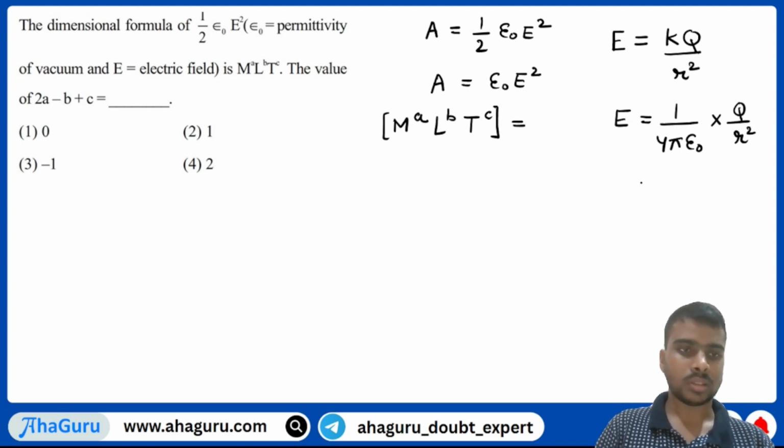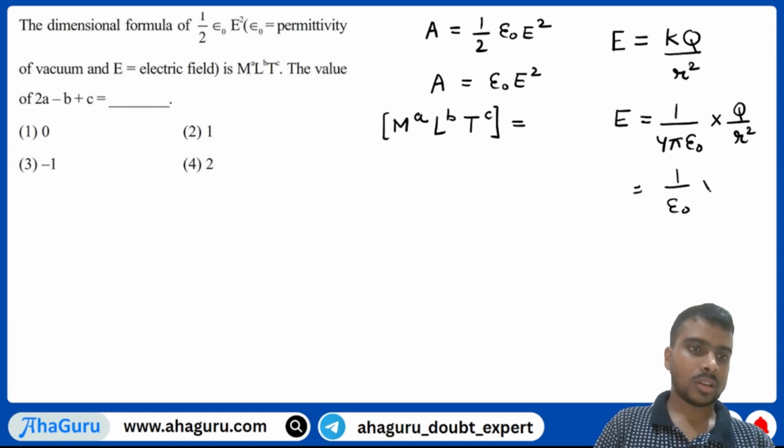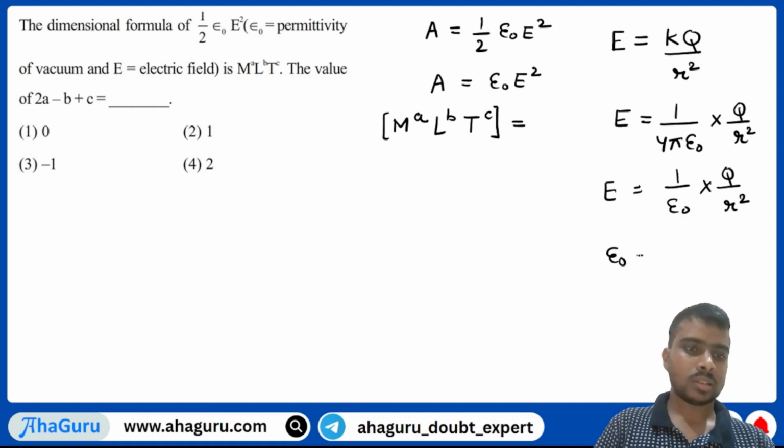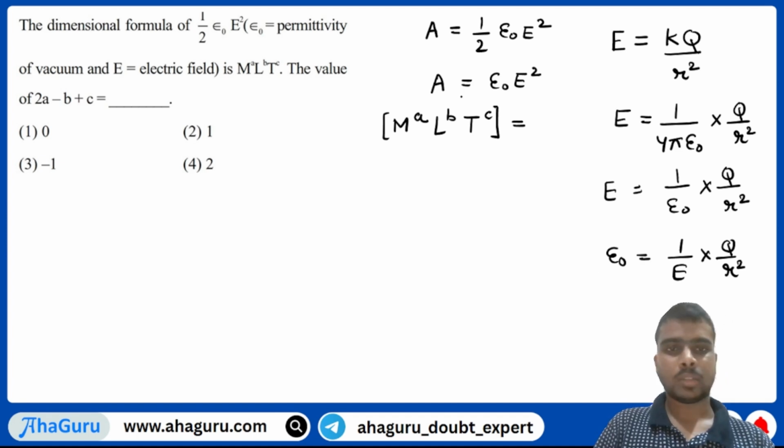If I remove the constants, I will be getting E is equal to 1 upon epsilon naught times Q by R square. Now, since I require epsilon naught from here, I can write epsilon naught is equal to 1 upon E times Q by R square. So I can write this in place of epsilon naught in the RHS part.